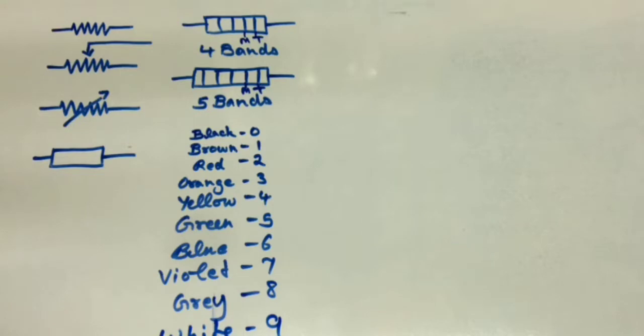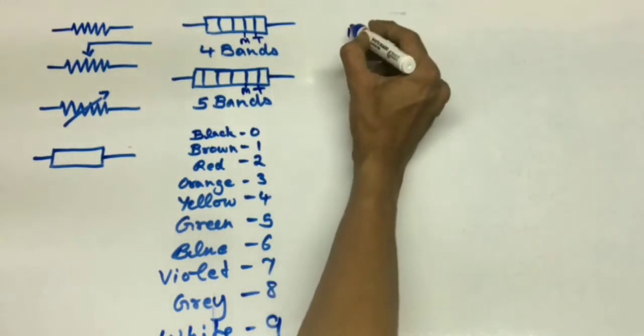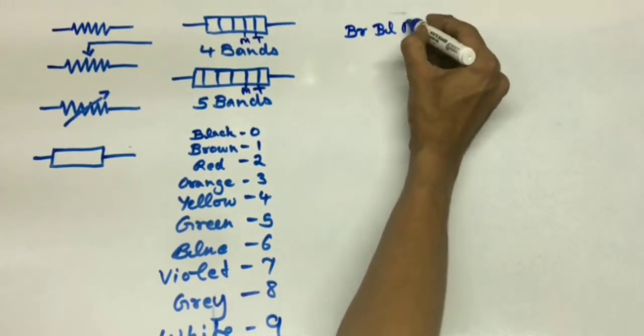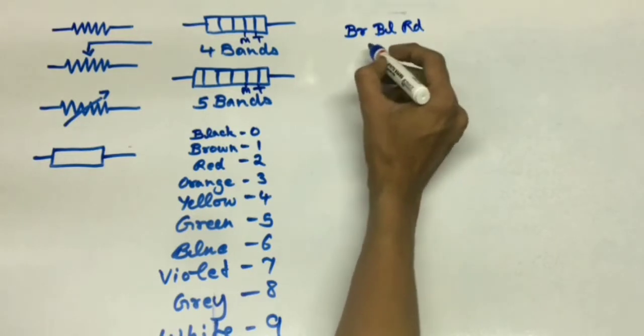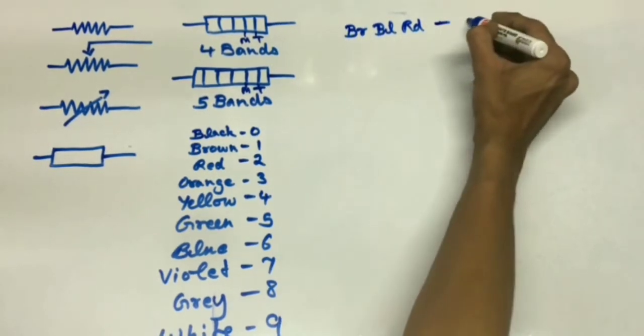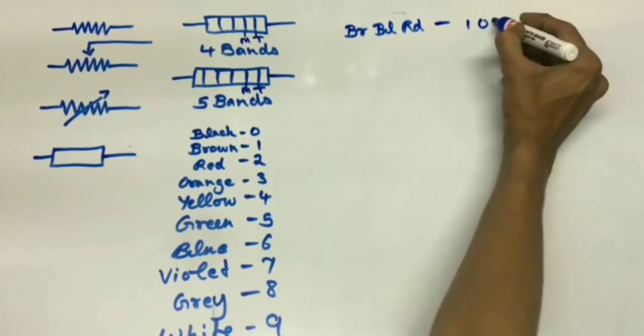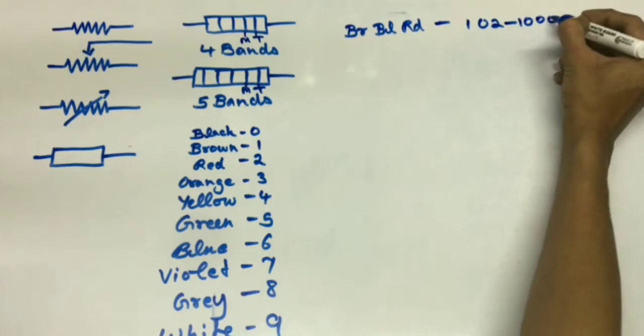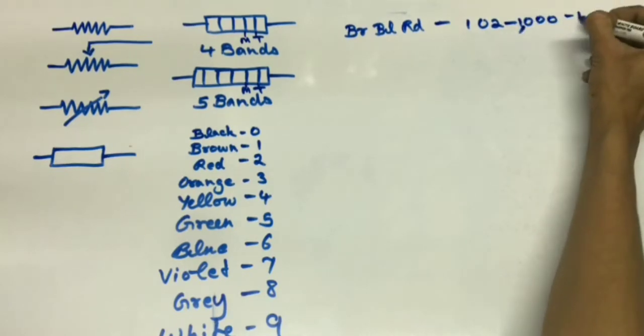So how do we calculate the value? Suppose the first band is brown, the second is black, the third is red, in a 4 band, then the value will be 1, 0, 2. So 1, 0 and 2 zeros, then it will be 1K.